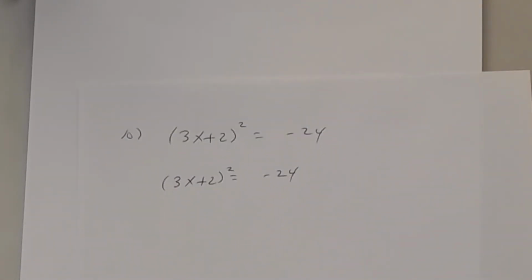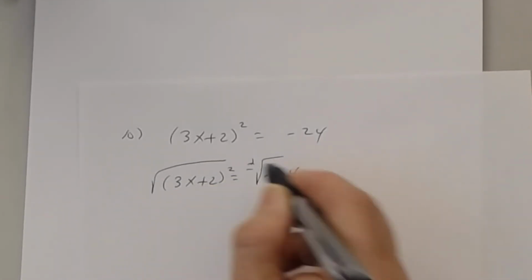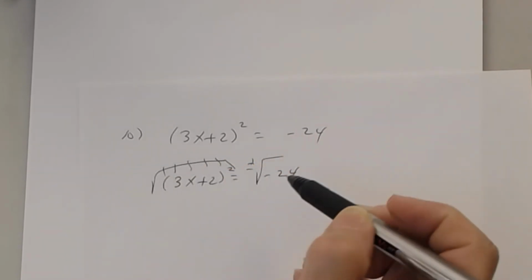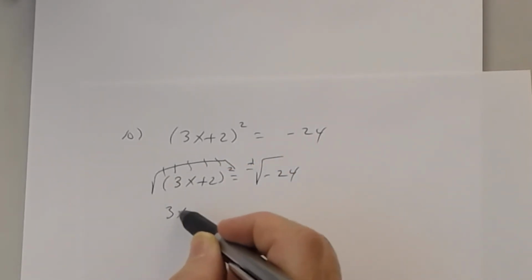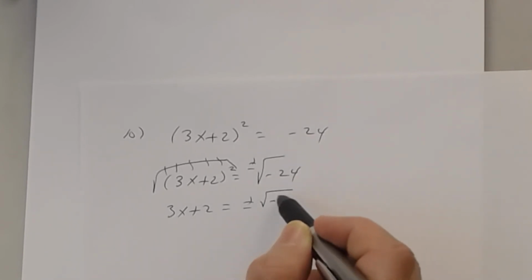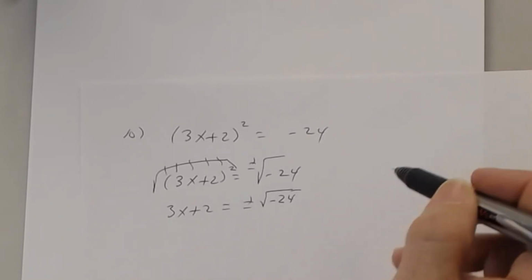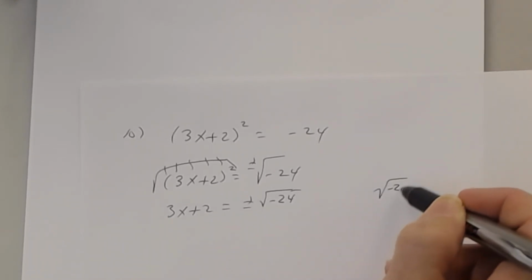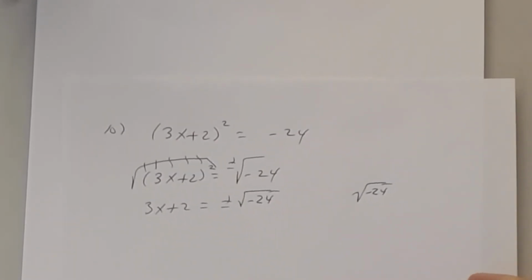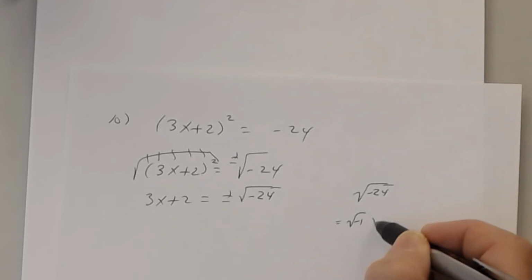So I'm going to take the square root of both sides. Don't forget the plus or minus. Now the square and the square root undo each other, right? So I get 3x plus 2 equal plus or minus the square root of a negative 24. All right, and let's talk about simplifying that. What perfect square goes in? Well, first I'm going to write this as the square root of a negative 1 times the square root of 24.